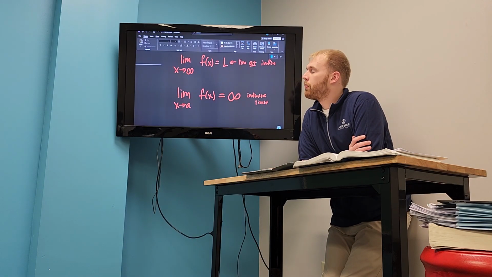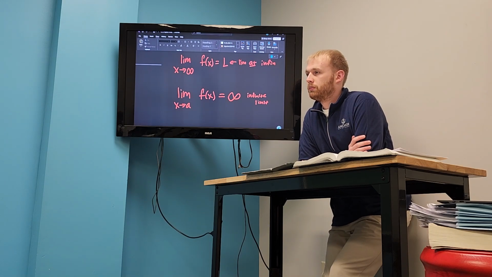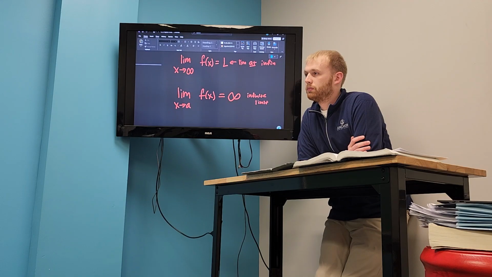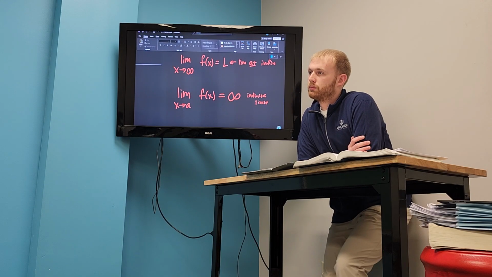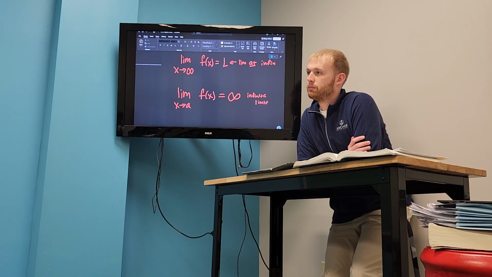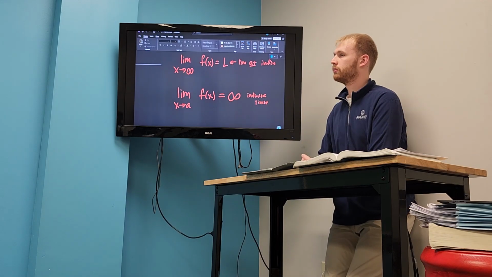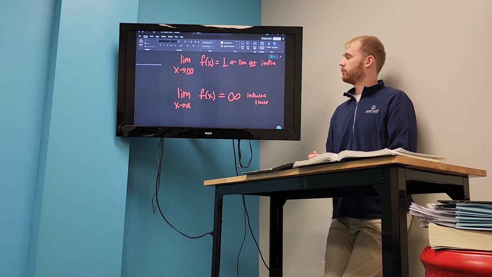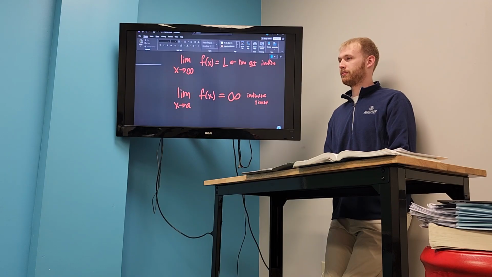Not at x equals 1 or x equals 2, but if you have an x value that's so big it's practically infinity, then the value is always going to be the same for that L. And then for the limit approaching any sort of value, I don't know how to explain that, but it makes sense in my head. I just don't know how to tell it to you.